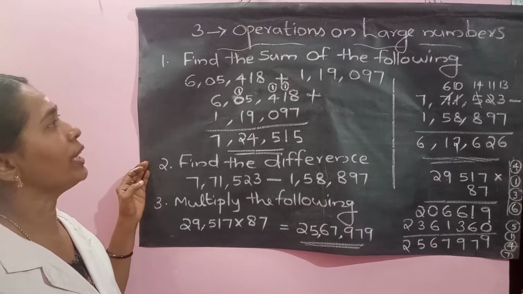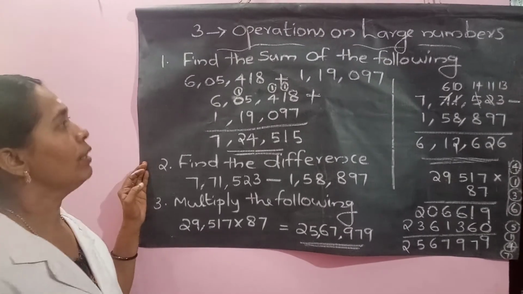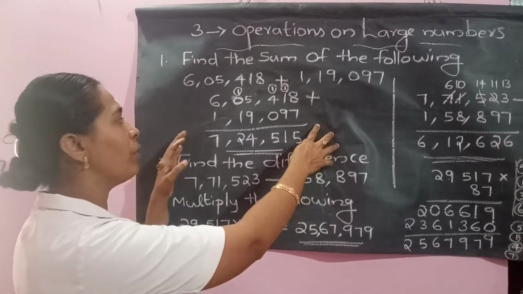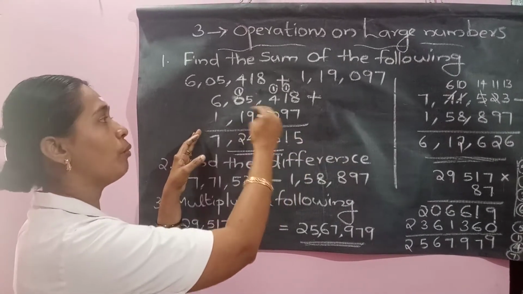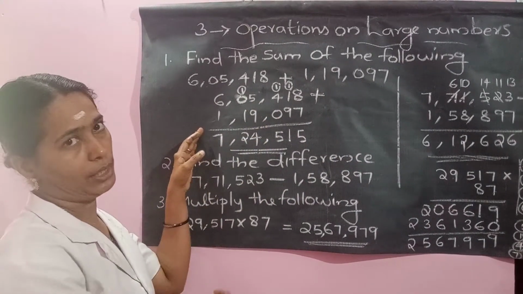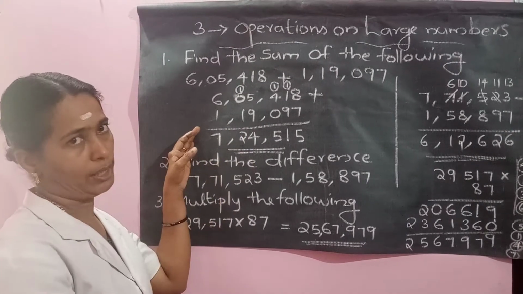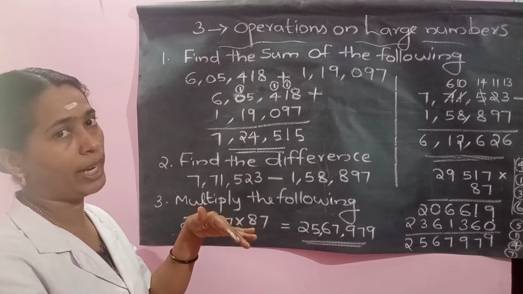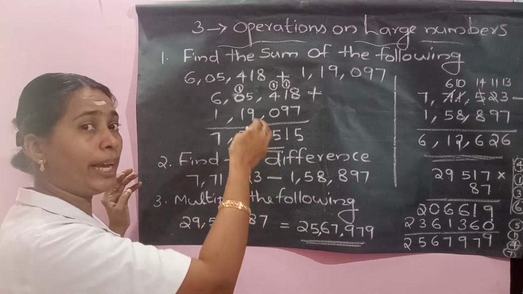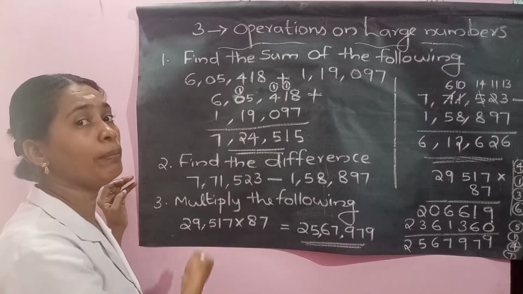When we are finding the sum of 2 numbers, what do we have to do? We have to write the numbers one below the other, keeping the places in the same column.